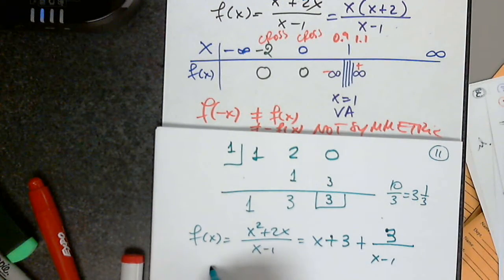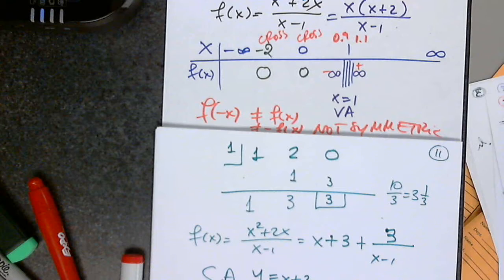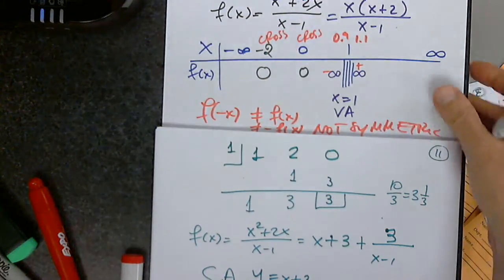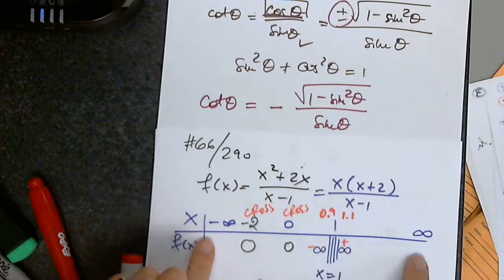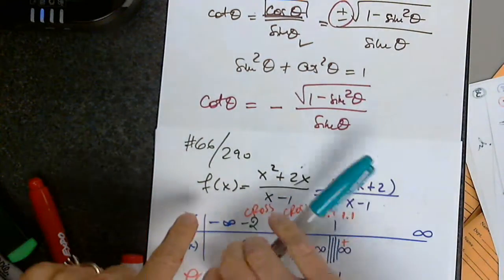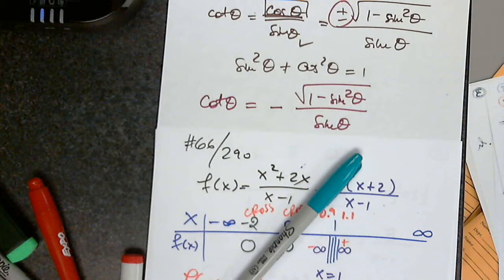So now, what is the slant asymptote? x plus 3. Not x plus 3, but y equals x plus 3. Good. So is this a line with a positive slope or a negative slope? Right. So then what is the end behavior if it has to follow a line with a positive slope?